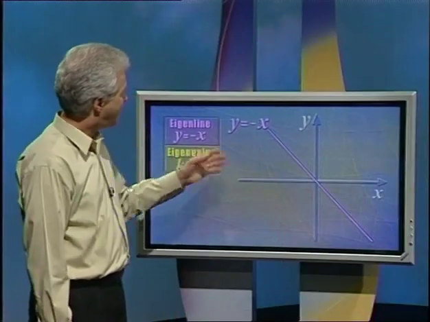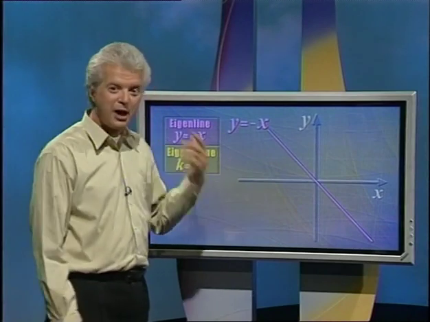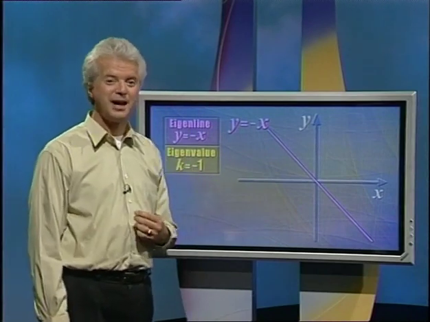And that means that if I take any vector from the origin along that line, then the result of applying the transformation will be to multiply the vector by a factor of -1. And that doesn't stretch it or shrink it, it flips it onto the other side of the line from the origin. Let's look at that in pictures. Any vector along this line is reversed in direction but stays the same size.